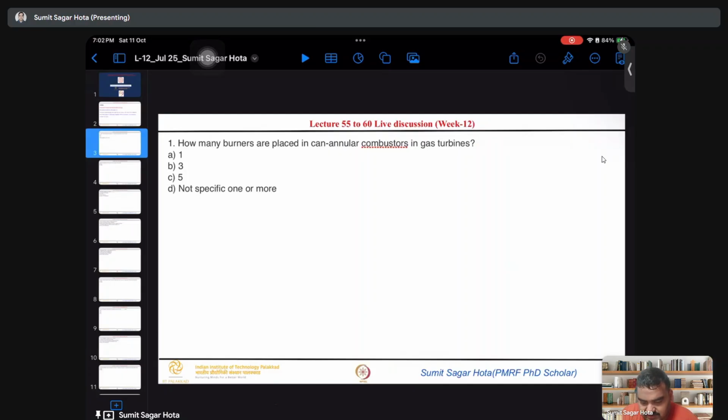The first question is how many burners are placed in a can annular combustor in gas turbines?